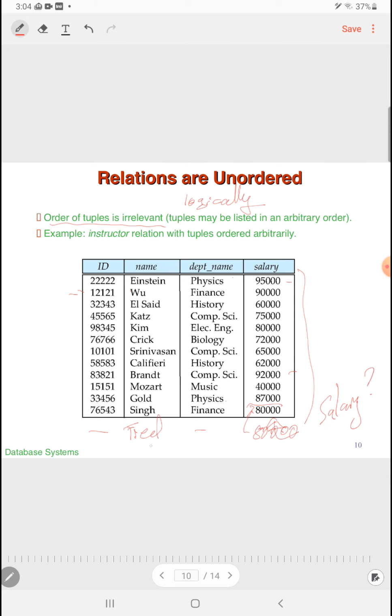The same thing for the name, okay? There are no duplicate names, but it is not necessarily the case that there would be, that I would want to be constrained. I have a Wu in finance. I don't want to be in a position where I can't hire a second person called Wu in finance, okay?